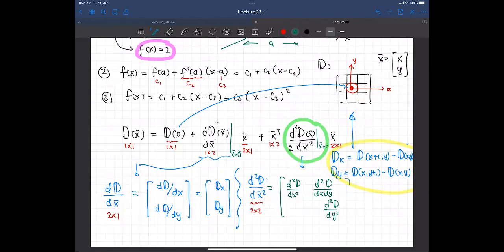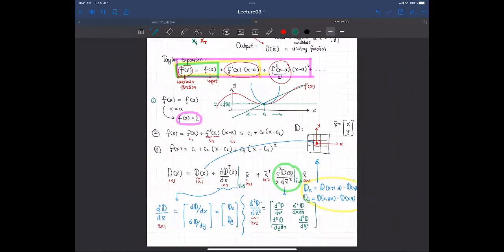They're symmetric anyway, so you don't need to worry. Right, so that's the definition of that term, the second derivative.